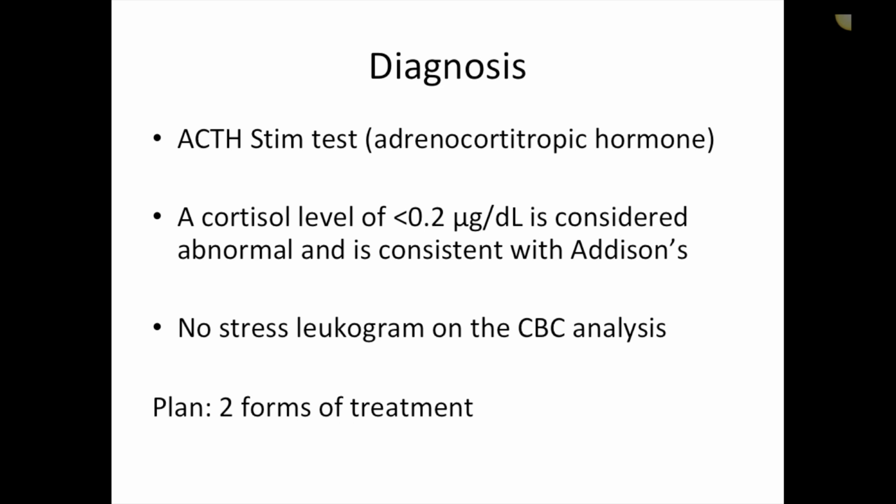Then we give ACTH, and we would expect in a normal animal that cortisol to increase in its level in the blood, in the serum. In dogs with Addison's, we don't see an increase at all because they're not able to register that, and it's not affecting their production of cortisol. So that is consistent with Addison's.